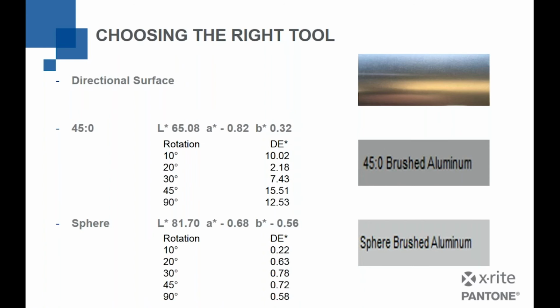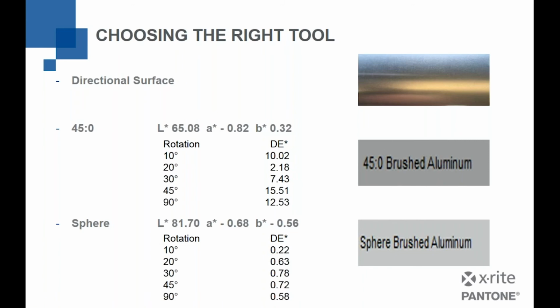And so the orientation of the sample to the instrument, as soon as I change that, I'm now measuring a different color, essentially, because if we think of a directional surface, it has microscopic hills and valleys. And so there's going to be shadows that occur when I use a directional light source. And as I change the rotation of the instrument, the shadows become more or less, and they cause color variation.